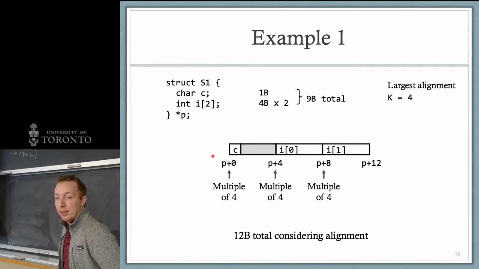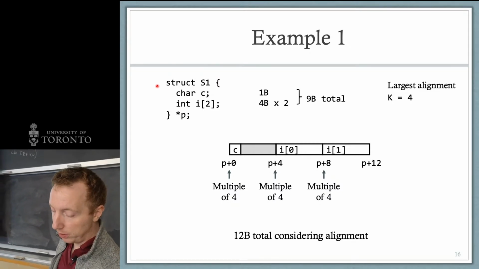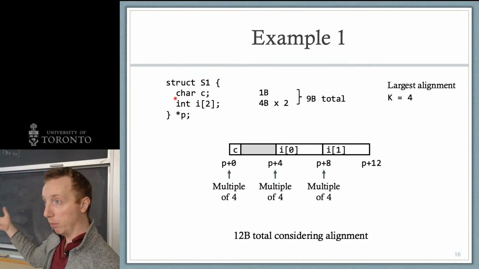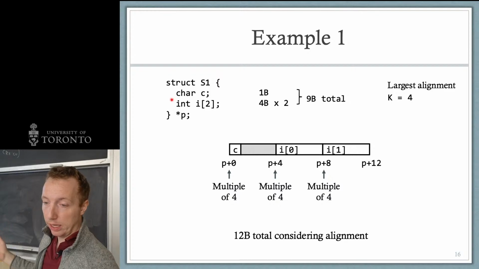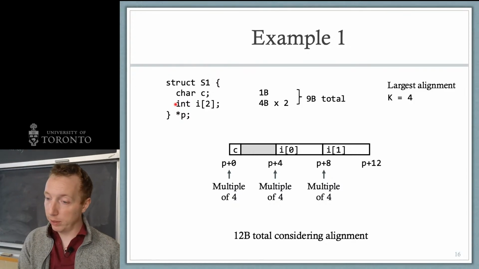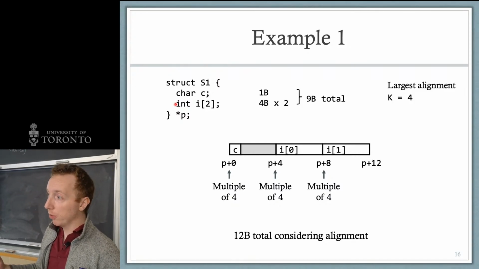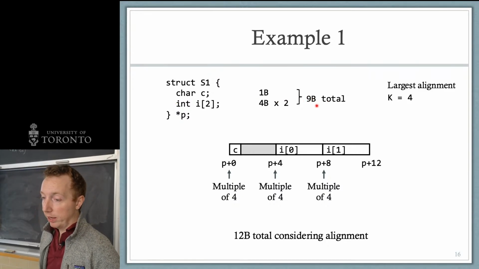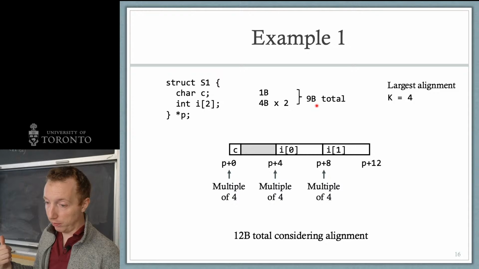So if we have this struct S1, it has a char c that will have 1 byte, and then an array of 2 ints. Each int is 4 bytes, and we got 2 of them. In total, the amount of memory we're using is 9 bytes, and the largest element is an int, which is 4.